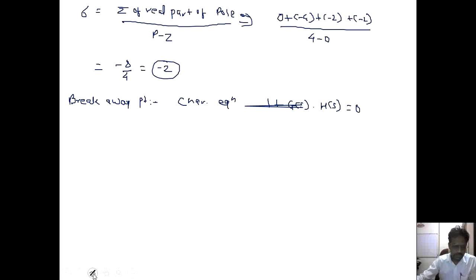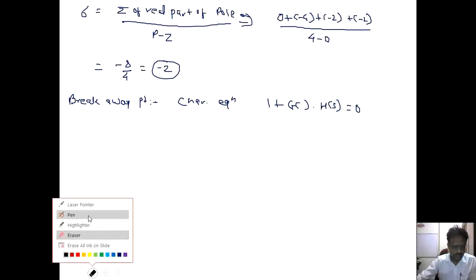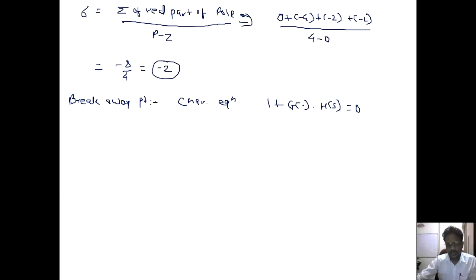So let us calculate it. 1 plus g of s into h of s is k by s plus 4, then s square plus 4s plus 20, equal to 0.